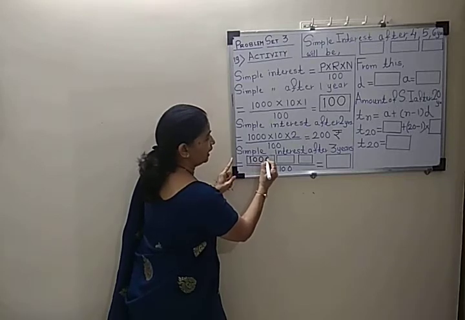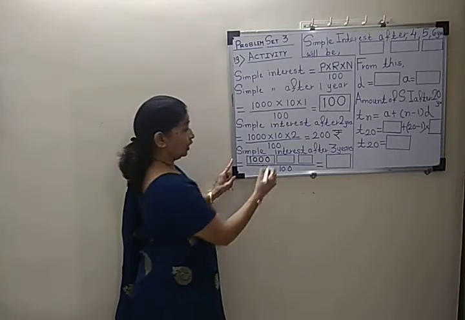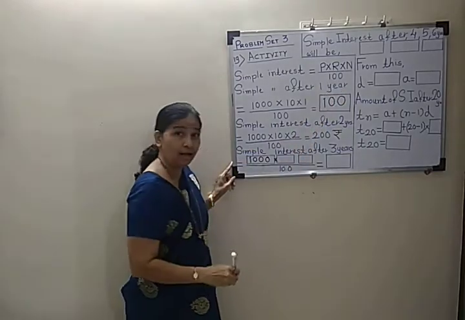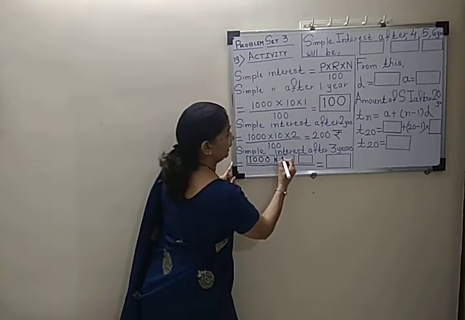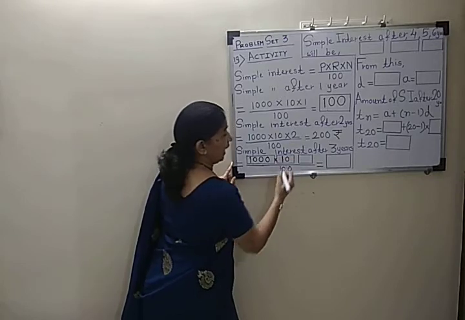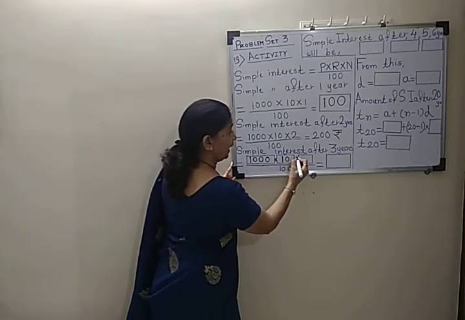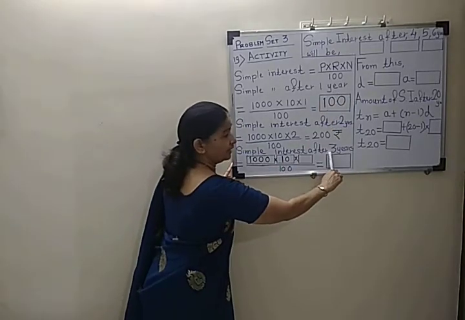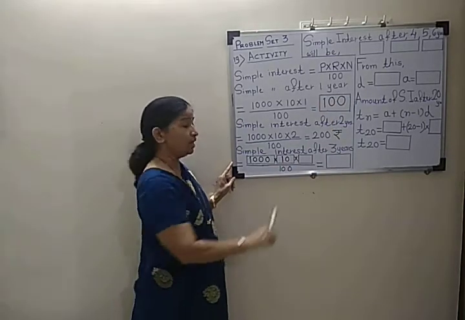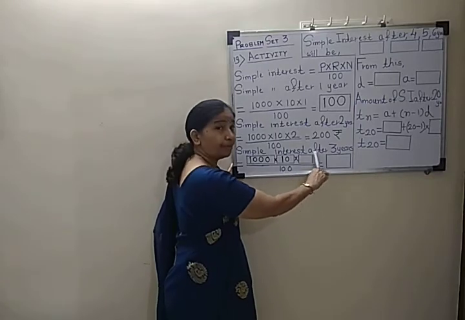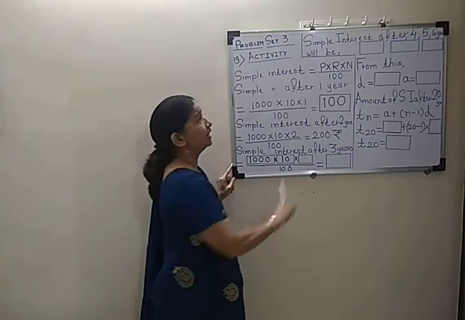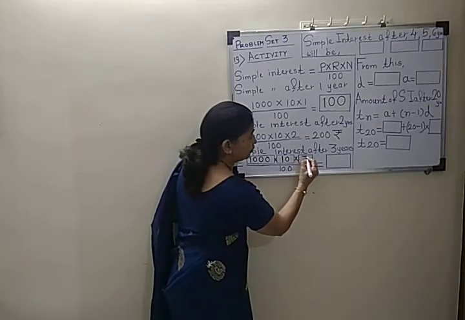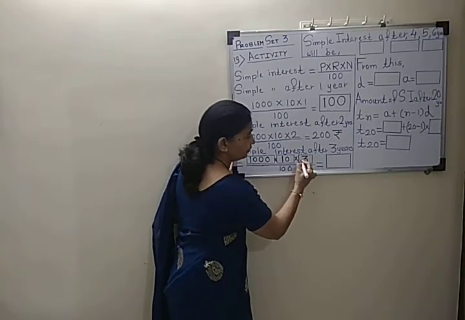So 1000 into, in place of R, may I write 10? And in place of N, may I write this 3? Because they are asking me after 3 years, means N must be equal to 3. So I substituted here 3.